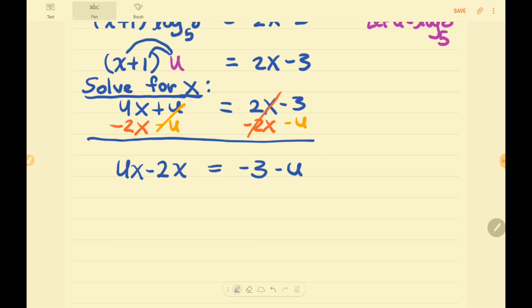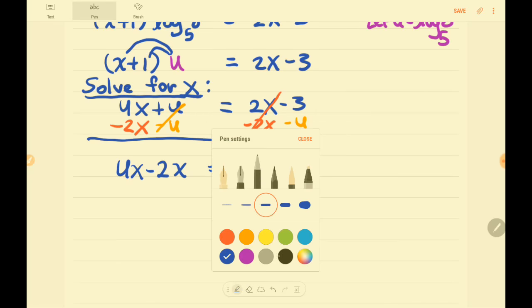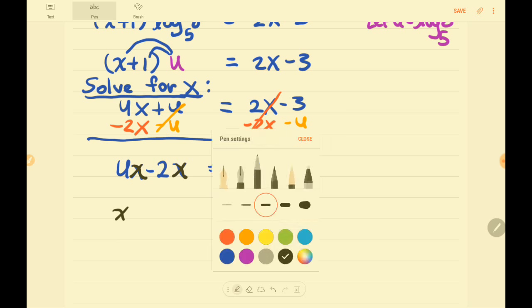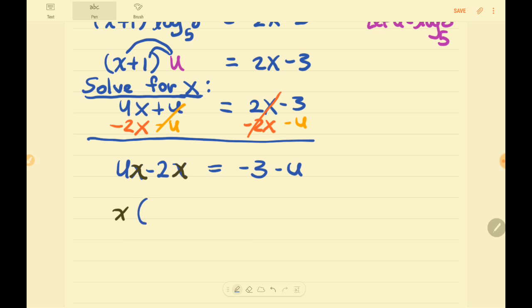And then I can factor out the X, because remember, I am still focused on getting that X out. So I'm going to factor it out because I cannot solve for X if it's stuck in two separate terms. It needs to be alone. So I'm going to factor that out. And then divide both sides to cancel this out.